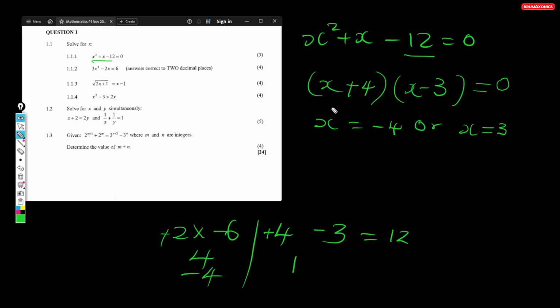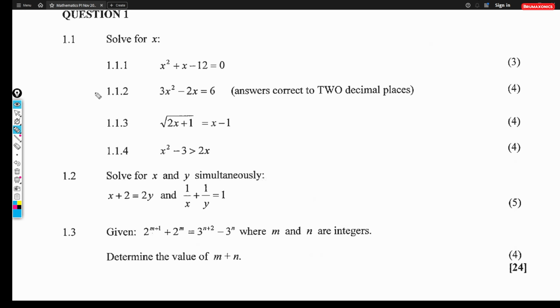So let's proceed to the next question. As you can see in 1.1.2, they are saying that you should make sure that your answers are correct to two decimal places. Then they're telling you that you can use the quadratic formula as given, right? So I will say that the quadratic formula is x equals minus b plus or minus the square root of b squared minus 4ac, all over 2a, right?